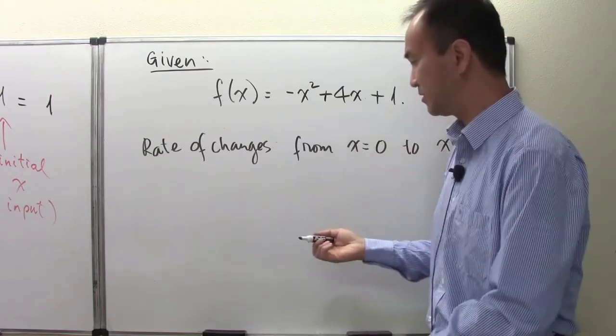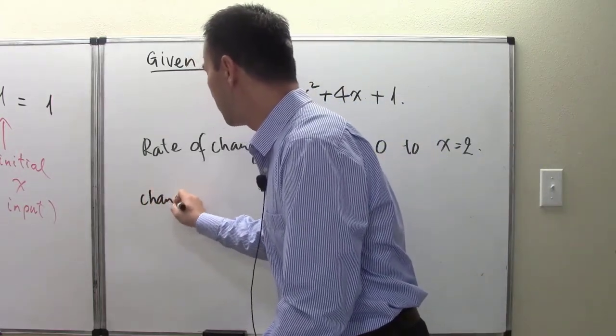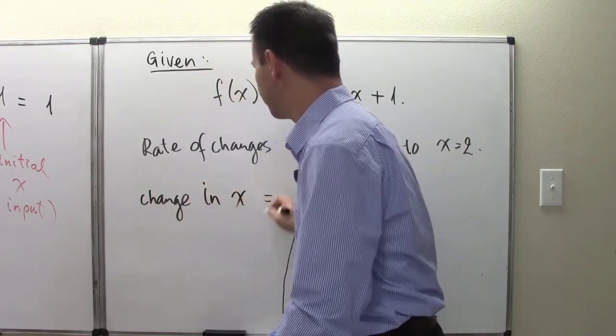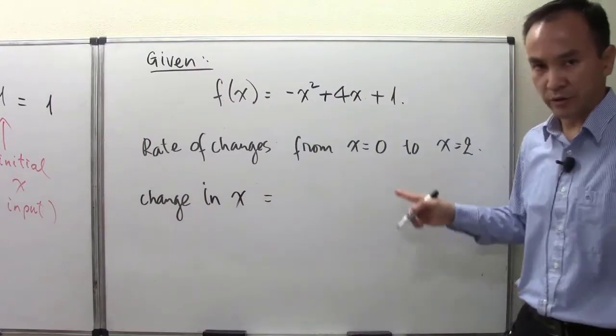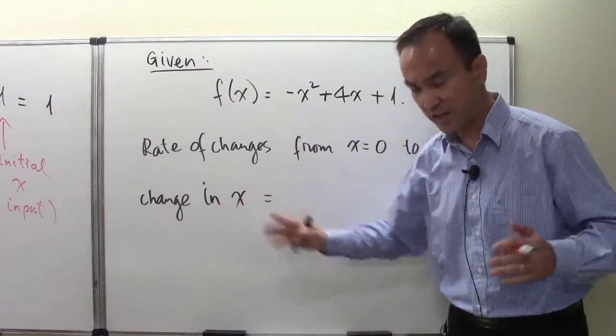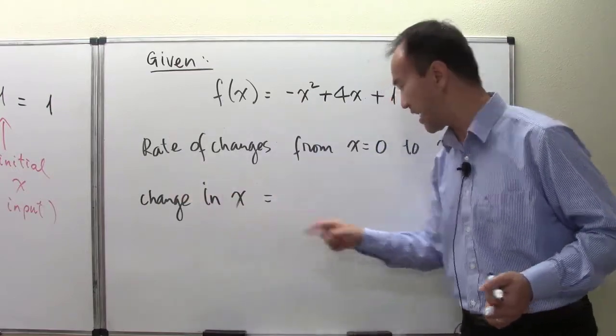Okay, so now quickly we can calculate my change in x. Of course now we realize already that there's a change in x input. So let's not beat around the bush anymore. Get straight into the idea. Now we're calculating how much change in x value.